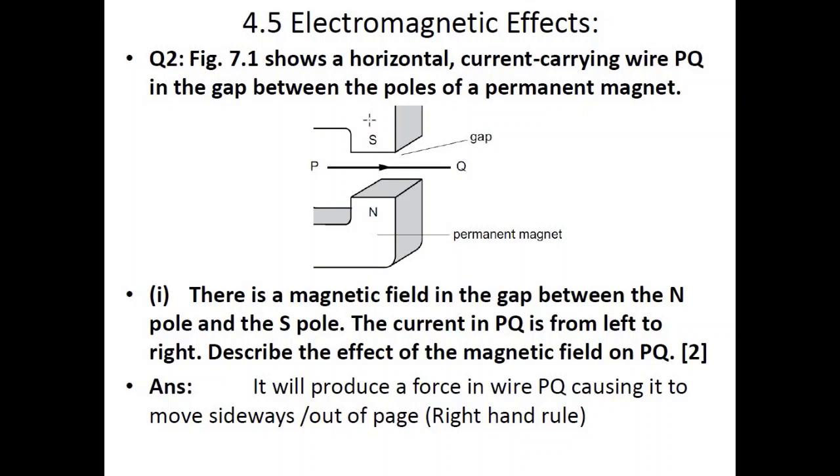So your second finger should point towards Q. Your first finger should point along the magnetic field lines, which originate from south and go towards north. So your first finger should point downwards. In that position, your thumb will point to yourself. So it means the force on the wire PQ will cause it to move sideways, or out of the page.